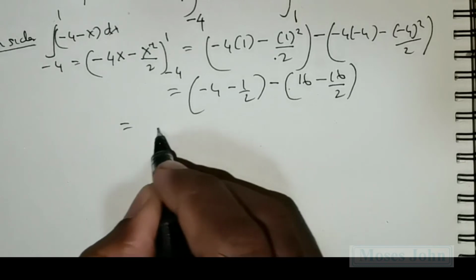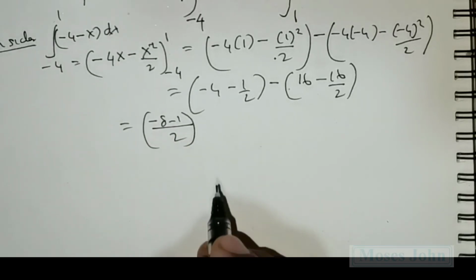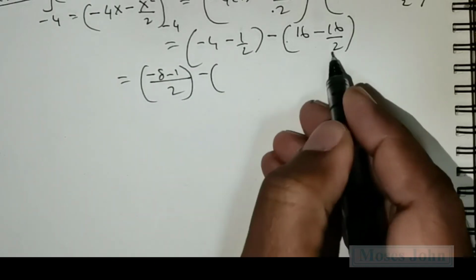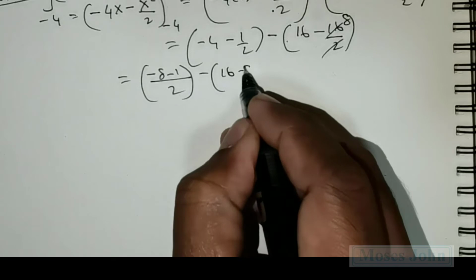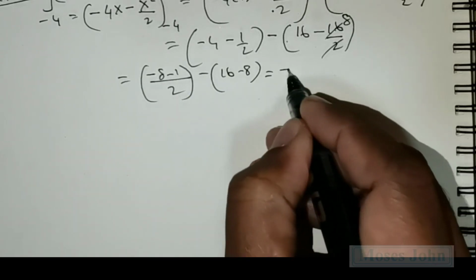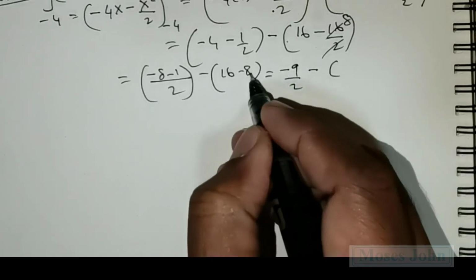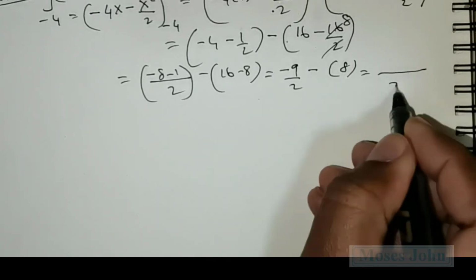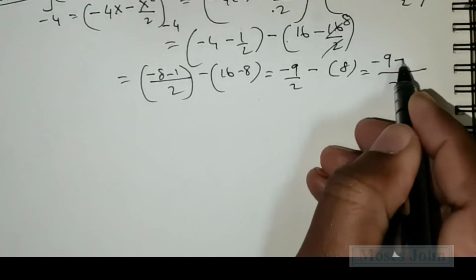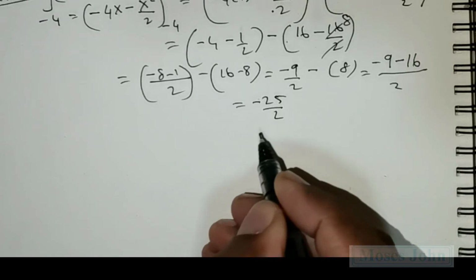I can rewrite this taking 2 as the LCM, so −8 − 1, followed by a negative sign. Since 2 divides 16 eight times, you get 16 − 8, so this is going to be −9 divided by 2, followed by −16 − 8 would give me 8. Taking the LCM as 2, this will become (−9 − 16), which is −25 divided by 2.